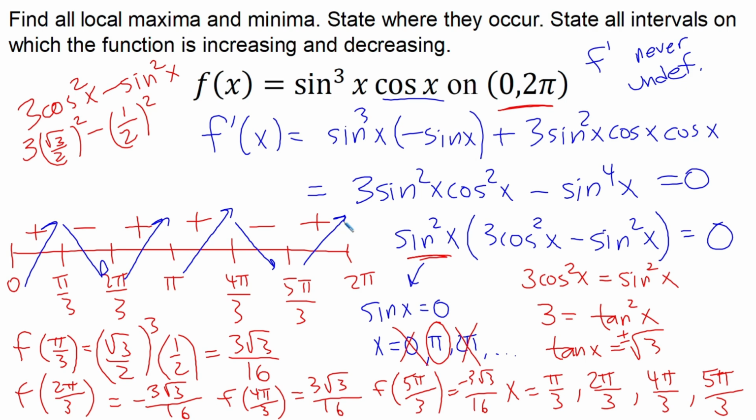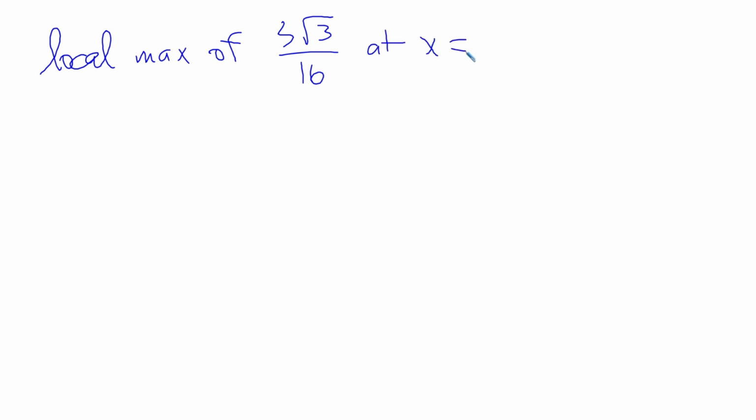So in the end here, now that we've gone through all this stuff, we'll need a new page here. We had a local max of 3 root 3 over 16, and that occurred at both x equals pi over 3 and x equals 4 pi over 3.